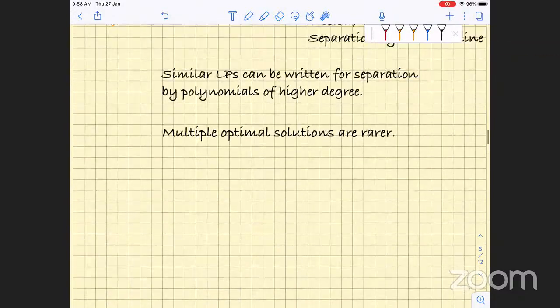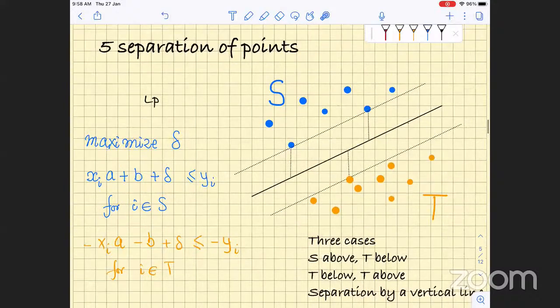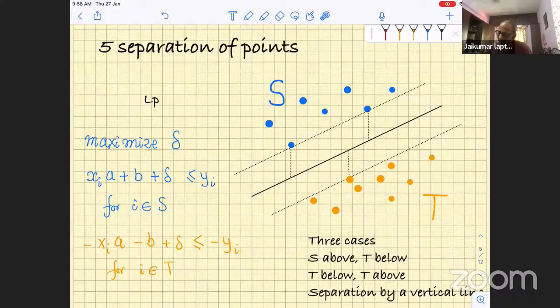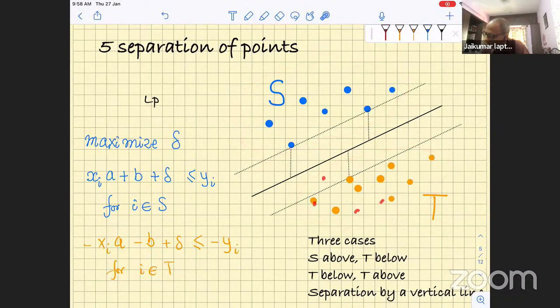Question: why are we trying to maximize delta if the problem is just the classification of points? The point is, these are examples that we have received so far, and we believe there is a region which consists of blue and a region which consists of orange, and we have been given some points.